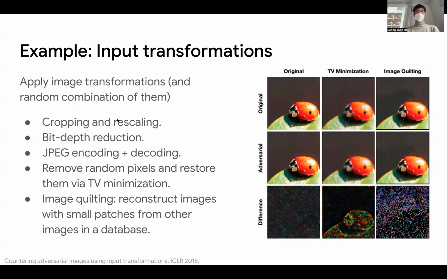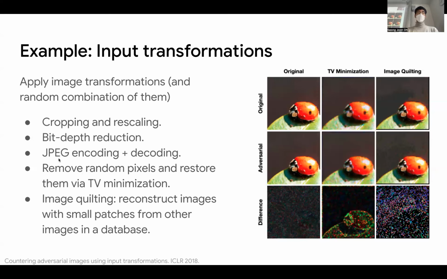So one example of that is cropping and rescaling, right? For example, you just crop some part of the image containing the gist of what's going on in the image, and then rescale that to the input size for the network. Or you can do some bit depth reduction. So you're killing some of the information, but ideally by doing this kind of denoising, you can also remove critical adversarial perturbations, okay?